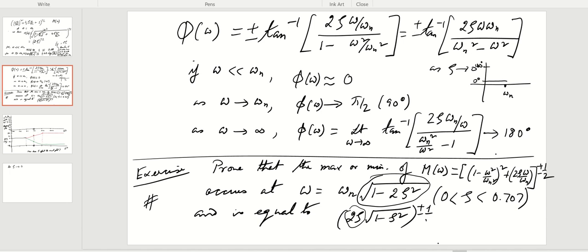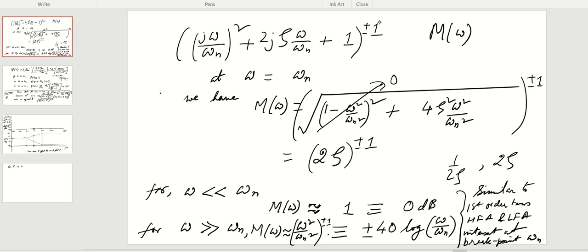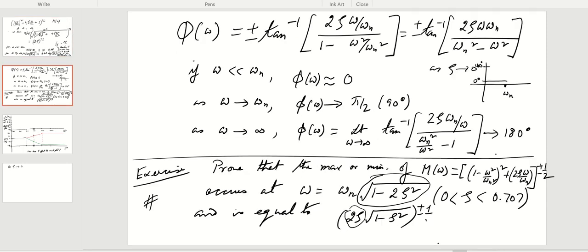I keep forgetting this, because we have a plus minus 1 here. So I should put a plus minus 1 here. Just notice that. Anyway, now we are considering the plus 1 case. So what happens is at omega n, suddenly there is like a jump. It's like a step jump. So this tells you that as zeta has very small values, this seems to be very steep.